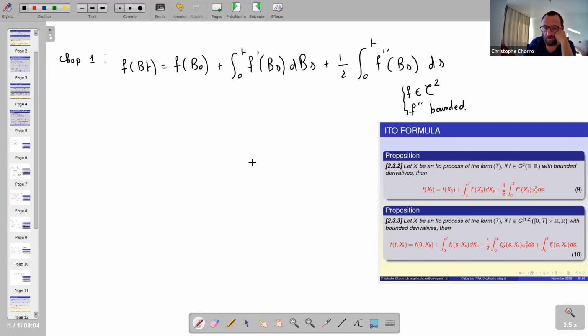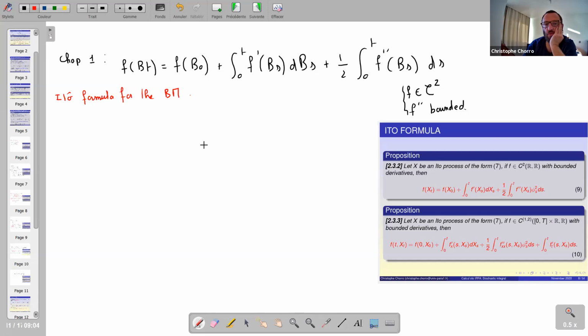I have imposed this. So it was what I have done in chapter 1. So it was the Ito formula for the Brownian motion.